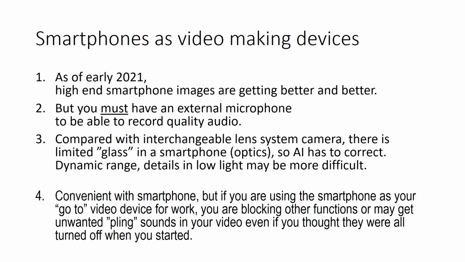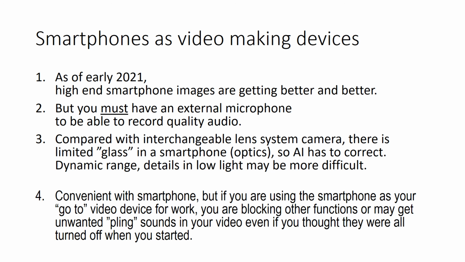Looking back at smartphones as devices for making videos, as of now, we can see high-end smartphone images are getting better and better, but you're still going to need an external microphone to get good quality audio, as I've said before. If we compare a smartphone to a system camera, there isn't all that much glass.